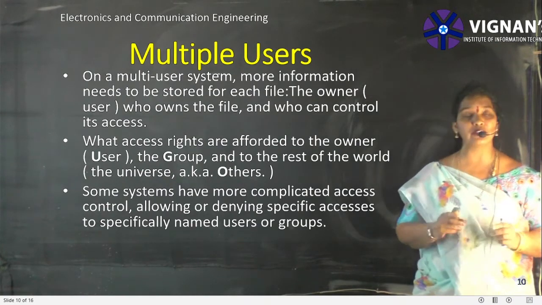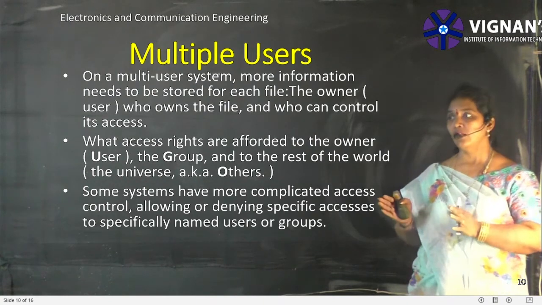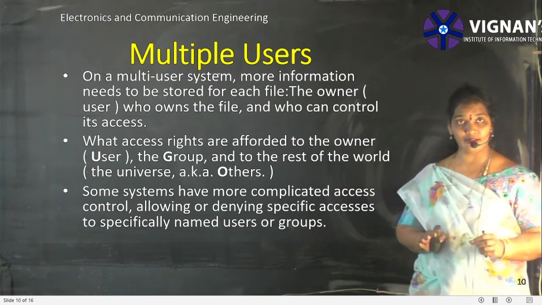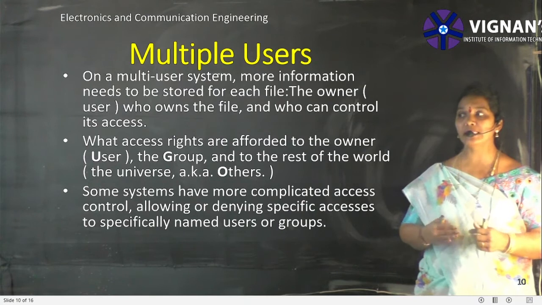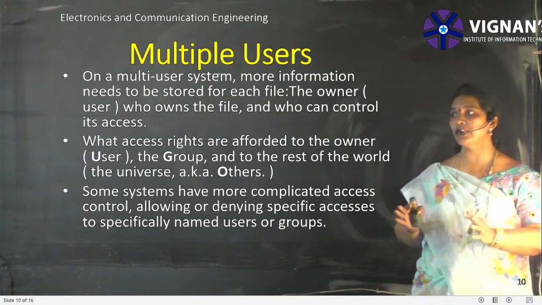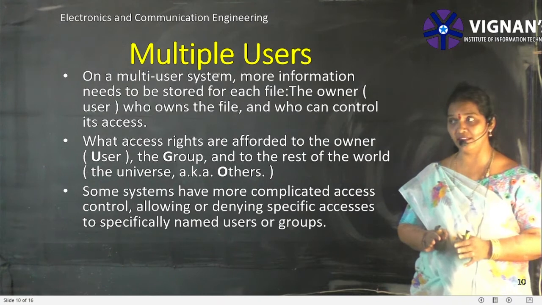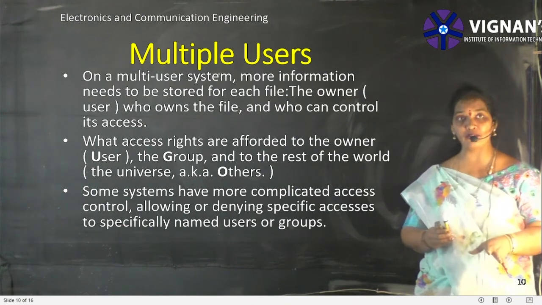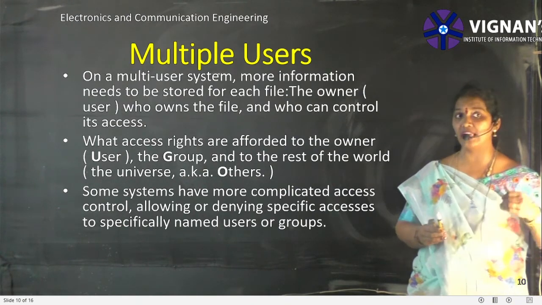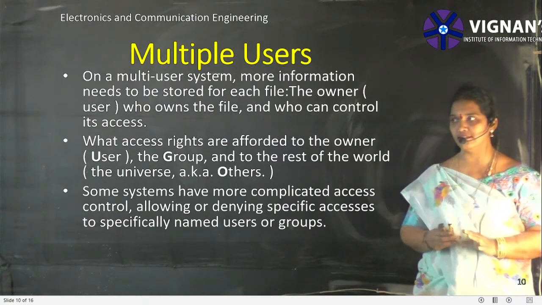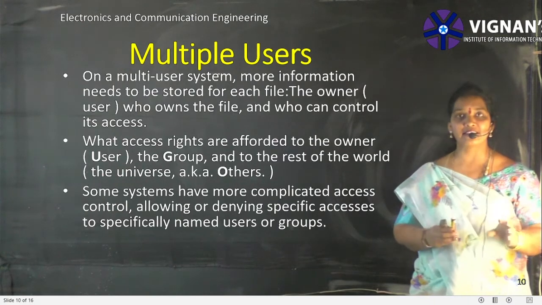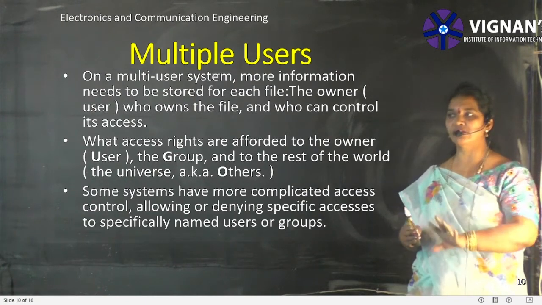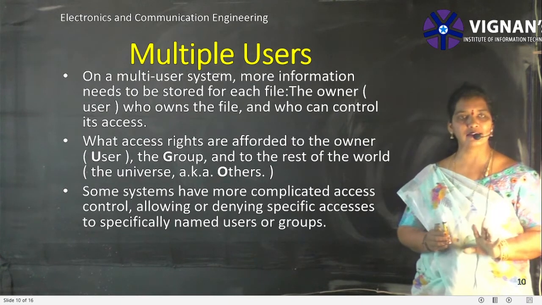On a multi-user system, more information needs to be stored for each file. The owner, who owns and controls the file, gives access to other clients. The access rights offered to the user, the group and the rest of the world are stored.